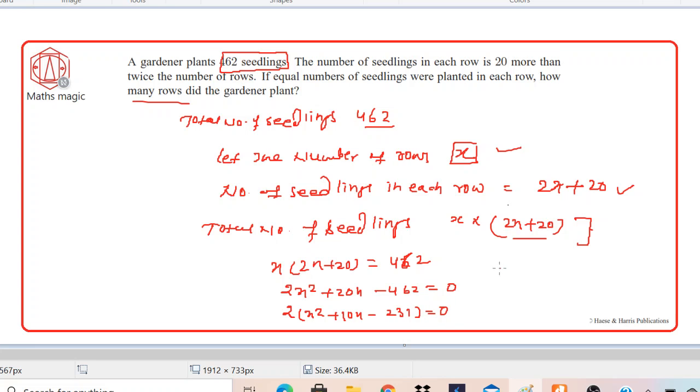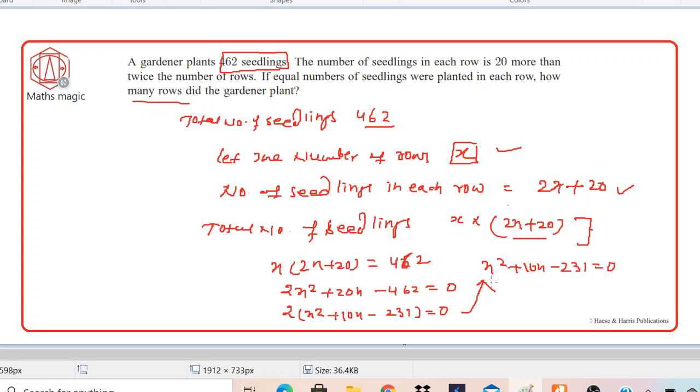So your final equation is x square plus 10x minus 231 is equal to 0. We got the final equation. Now we can solve this using any technique suitable for this equation.